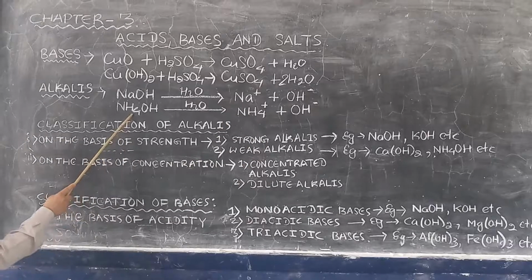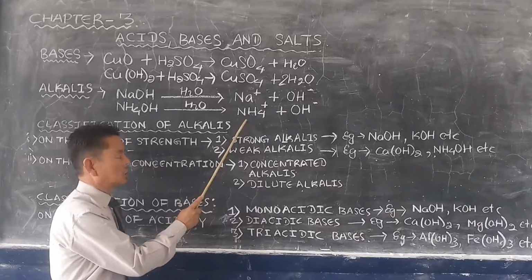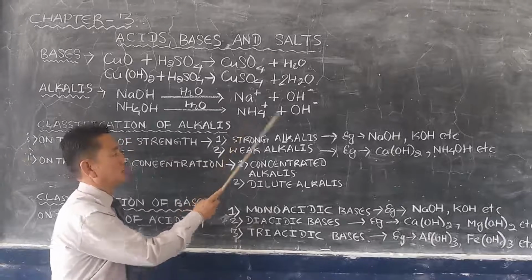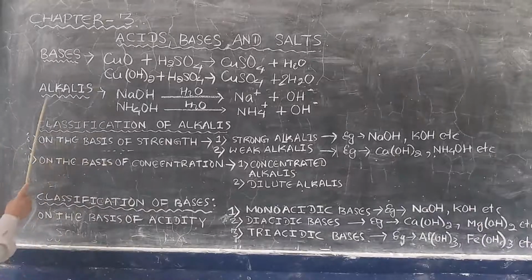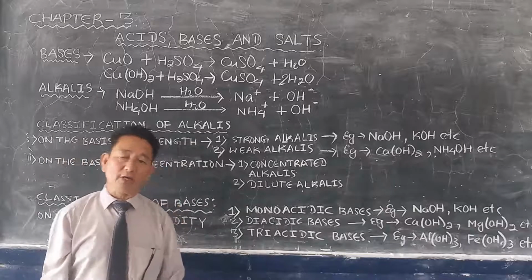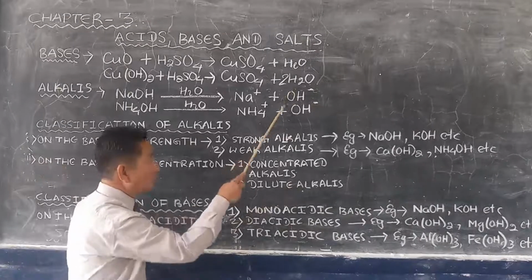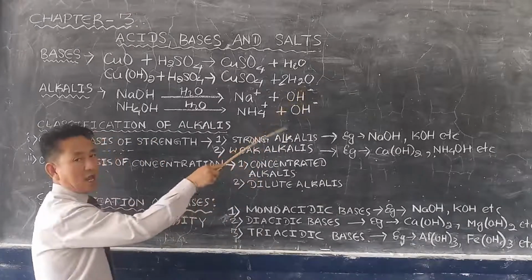Ammonium hydroxide, when it dissolves in water, produces ammonium ions and hydroxyl ions. So, in other words, alkalis are bases which when dissolved in water produce hydroxyl ion as the only negatively charged ions.